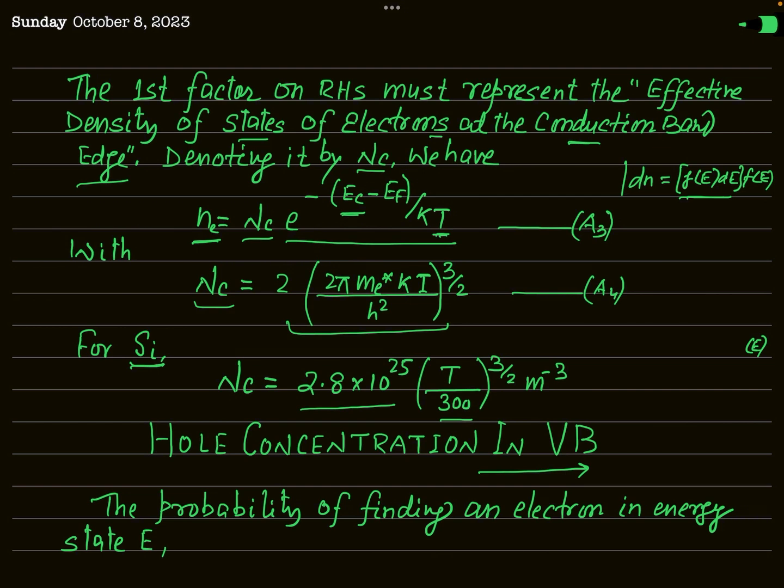When T equals 0, Ne will be equal to Nc times e to the power minus infinity, and that will be 0. So at 0 Kelvin, there is no electron in the conduction band, and this material behaves like an insulator. But as the temperature T is raised, the value of Ne increases exponentially. So with a rise in temperature, the electron concentration in the conduction band increases.